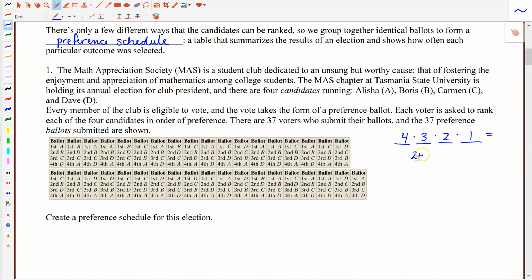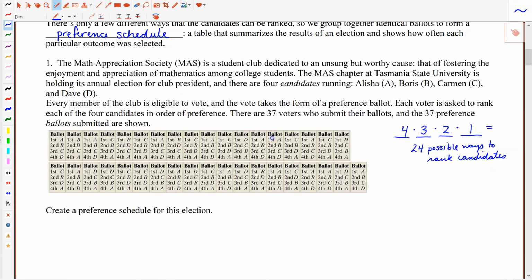That means that there are 24 possible ways to rank these candidates. Now we're going to find when we hold elections that we're not going to ever come anywhere near these total possibilities. But this is also what we mean when we say that there's only going to be a few different ways that we can rank them.